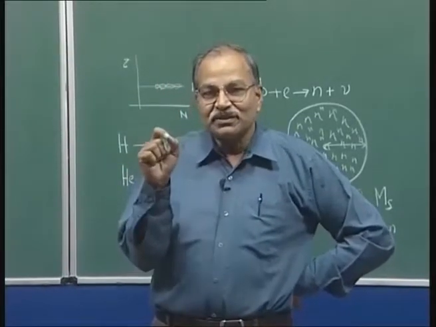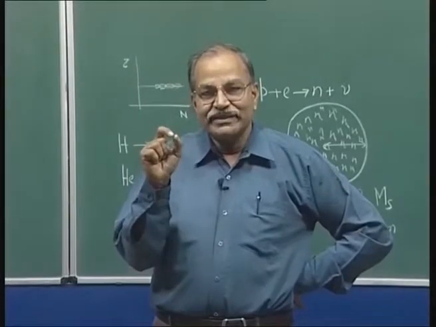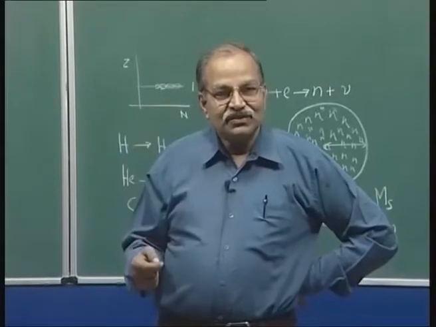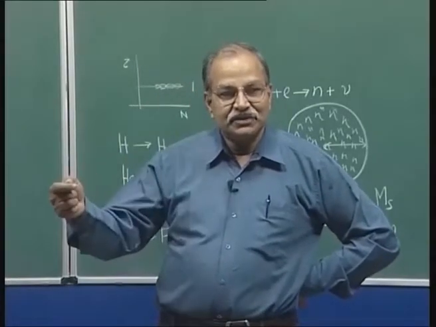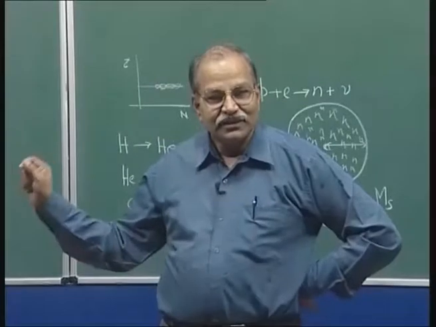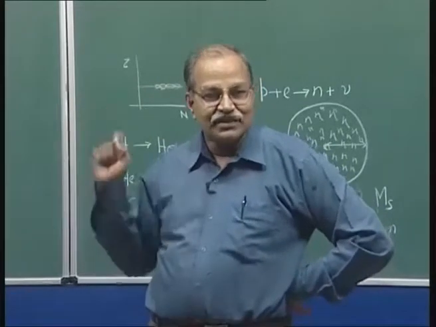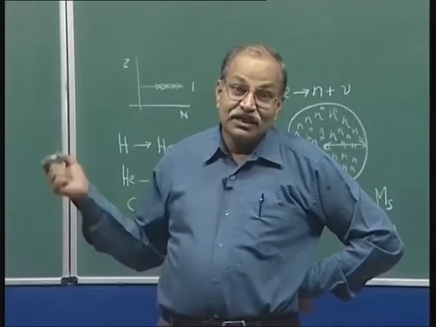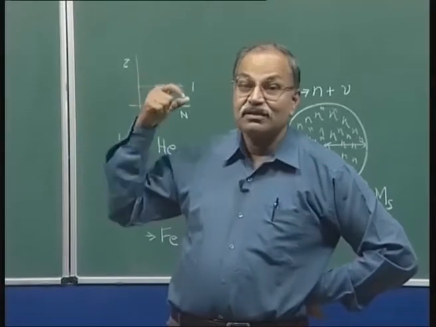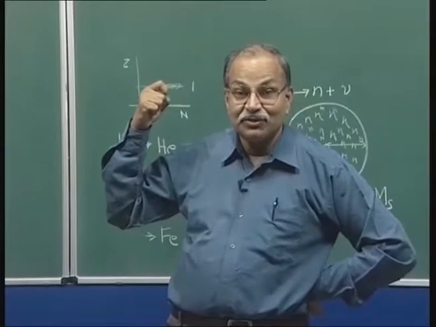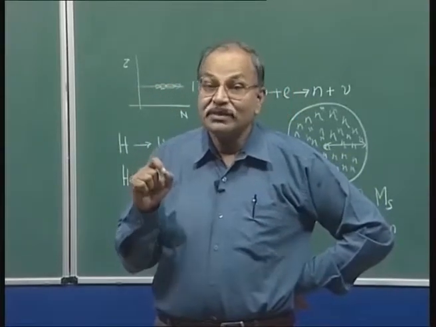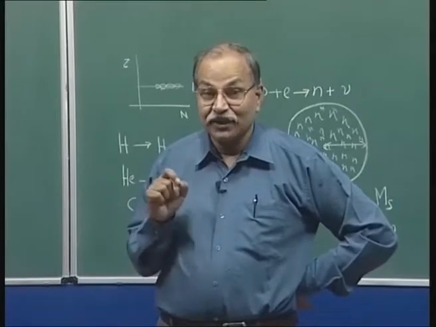In femtometer distances, nuclear forces are much more effective than gravitational force. So, we did not look at gravitational attraction when we were discussing these nuclei. But for objects like neutron stars, where gravitation is so important, gravitational potential energy should also be taken into account. That is one.